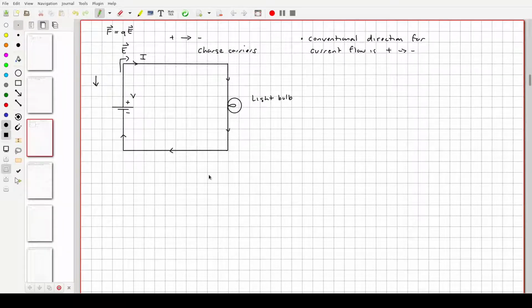It would flow this way because it would be flowing against the direction of the electric field, since your charge would be negative. It's anti-parallel. The conventional direction of current flow is a holdover from when we thought it was positive things that were moving. So much of electrical analysis has been built around that that we stick with it, flowing from positive to negative, and we acknowledge intellectually that in truth, it flows from negative to positive.